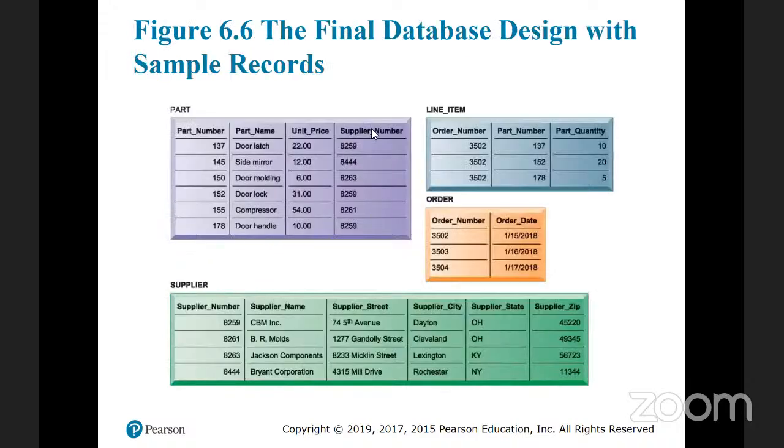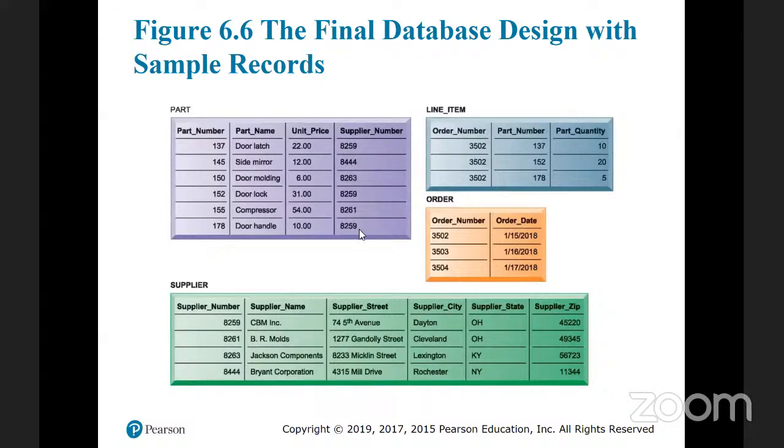So this is a database. We have different entities: the part, the line item, the orders, and the supplier, and these have relationships. An order can be described succinctly by just the order, the part, and the quantity, and then you can talk about orders in terms of the particular order number, here 3502, on this date.